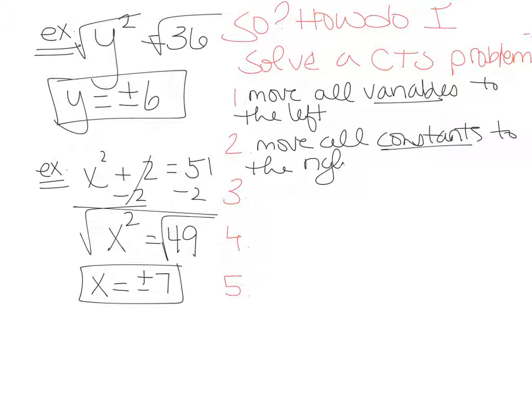And when I'm talking about left versus right, I'm talking about to the left of the equal sign or to the right of the equal sign. So step 1, I'm going to move all my variables to the left, and step 2, I'm going to move all my constants to the right of the equal sign. And in reality, you really want to do these 2 steps at the exact same time. So do together.